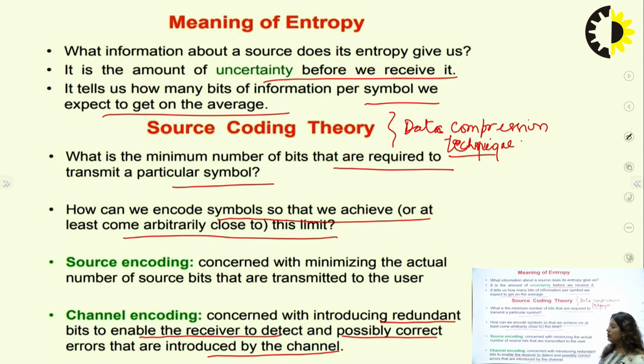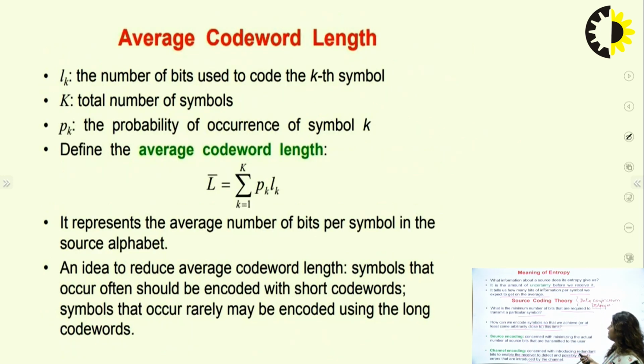So channel encoding is used for error detection and correction, and source coding is used for data compression, which means encoding the symbols with a lesser number of bits.